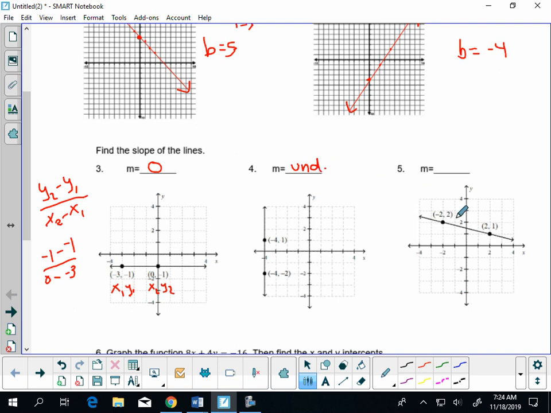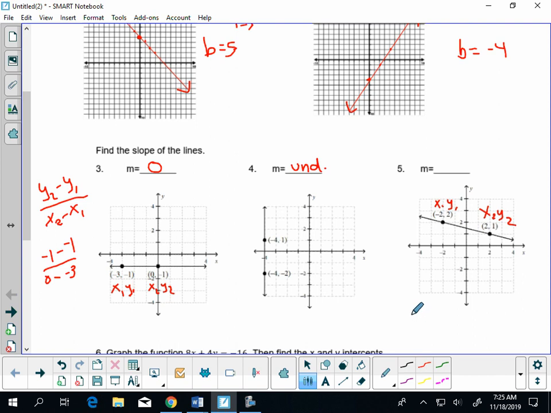All right, on this one, there's a couple ways that we can approach it, and I'm going to show you both ways. We could do x1, y1, x2, y2. I guess it doesn't really matter which one we call it. Don't really line up very well on that second one, sorry.